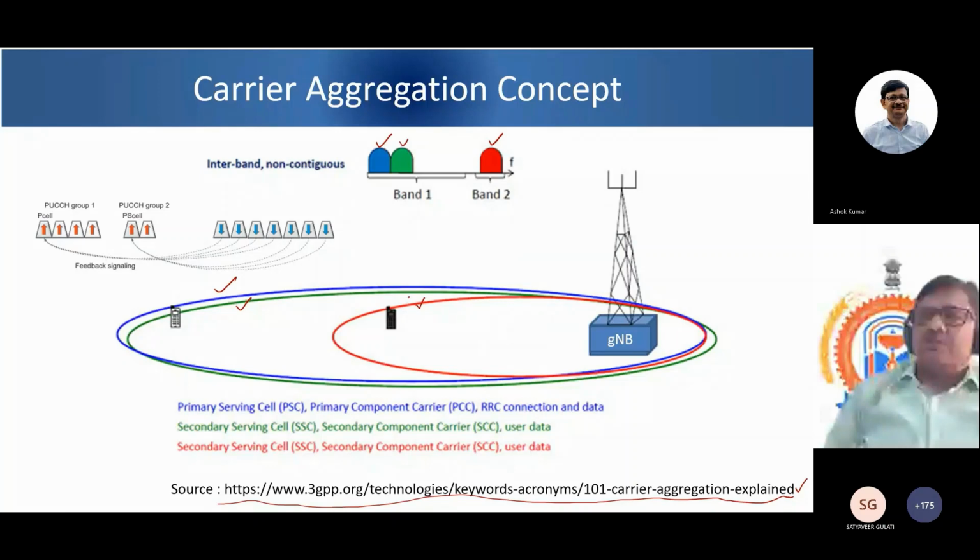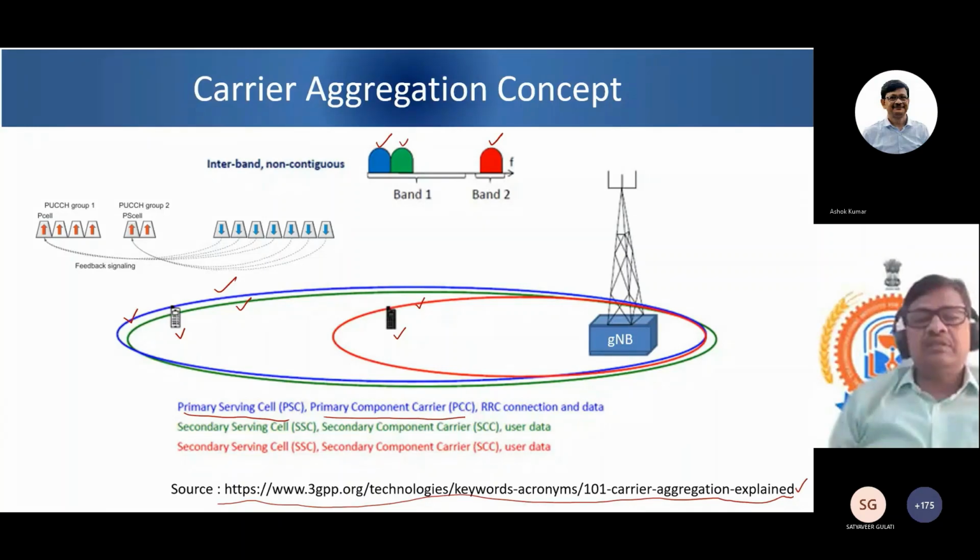The concept here is that all the control signaling will happen on this blue one, that is the lower frequency band, so that all the devices, whether the device is here or here, are able to receive the signal for control signaling. That's why we call it the primary serving cell or primary component carrier.